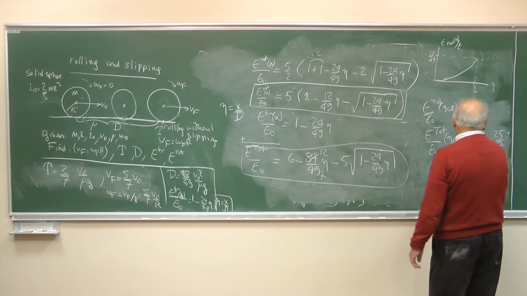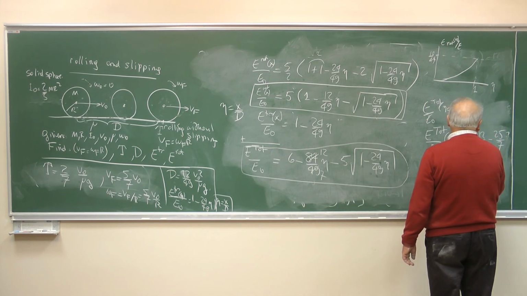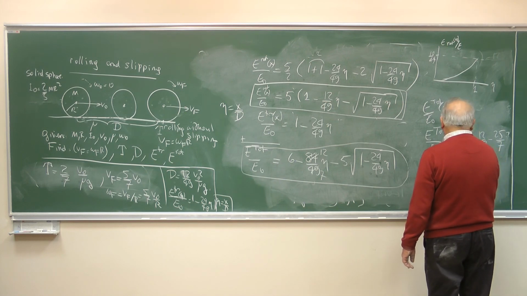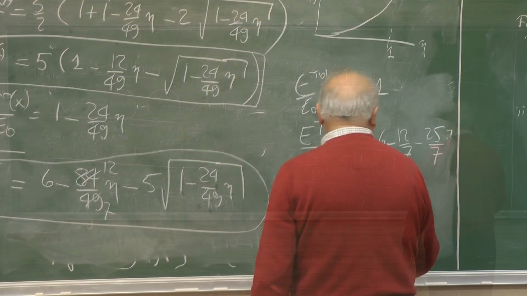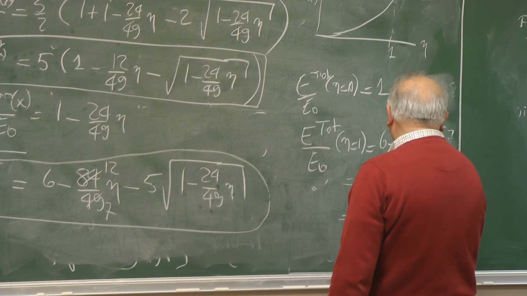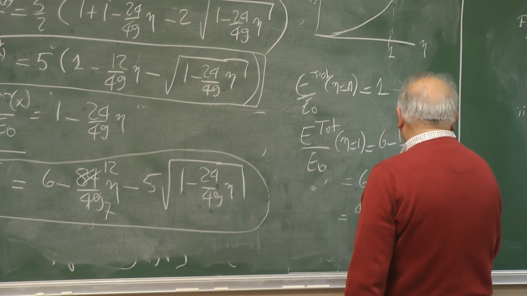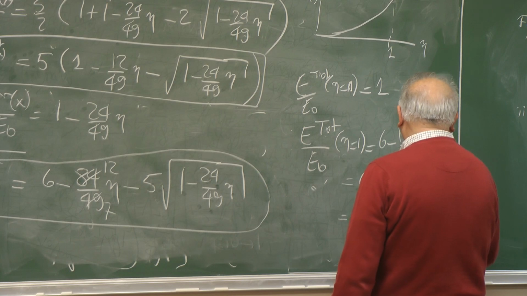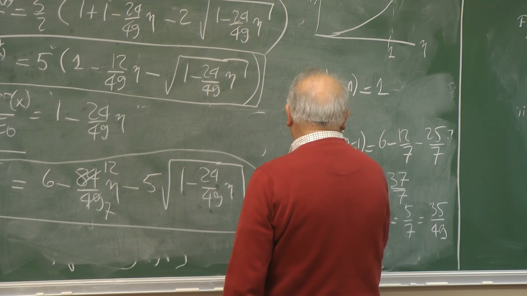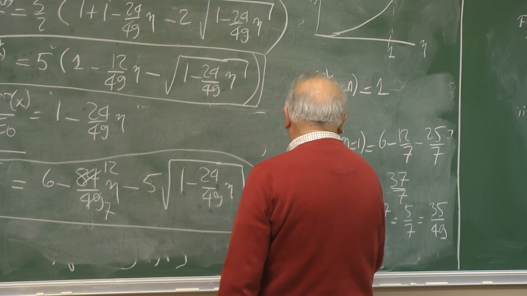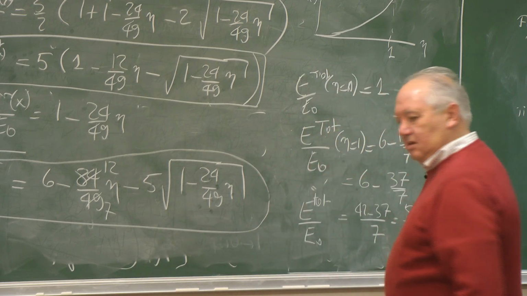So it is 6 minus 37 over 7, or 42 minus 37 over 7. So it is 5 over 7, or 35 over 49. This is E total over E0.